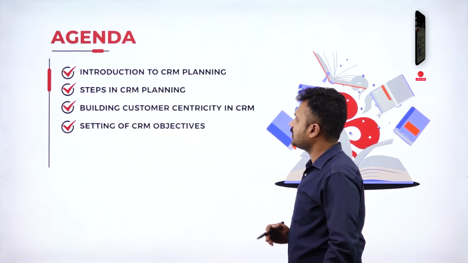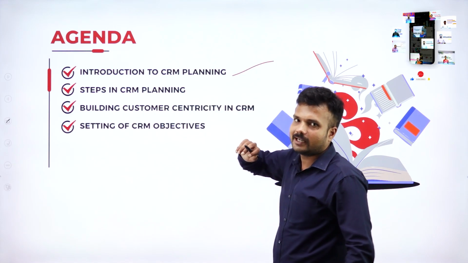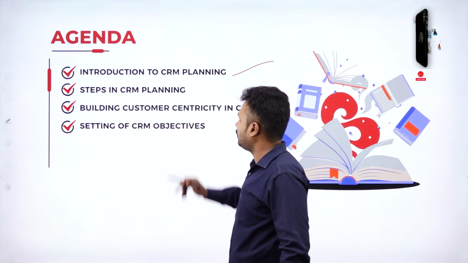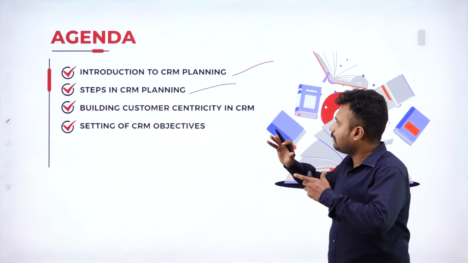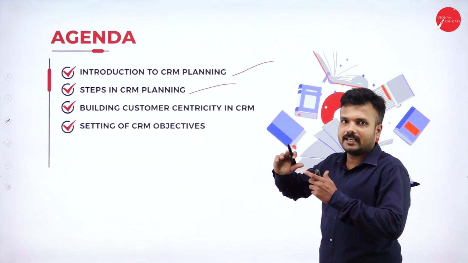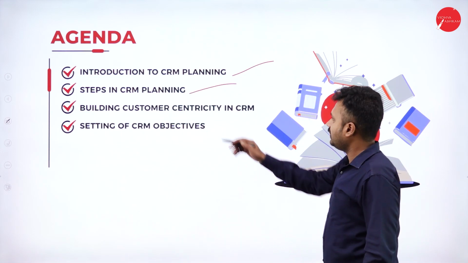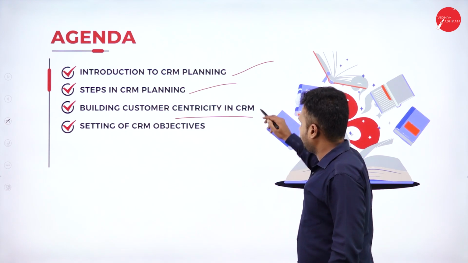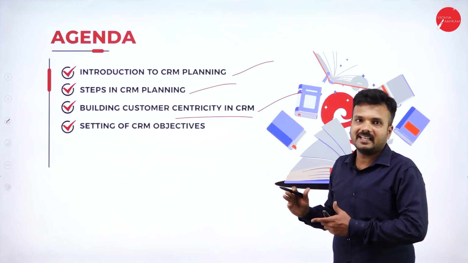This is the agenda of today's session. We are going with Introduction to CRM Planning. So here we are going to learn what exactly CRM planning is about. Steps in CRM planning. This CRM planning is a continuous process which includes various kinds of steps that we are going to study here. Building customer centricity in CRM. As we know, customer centricity is a modern marketing concept.